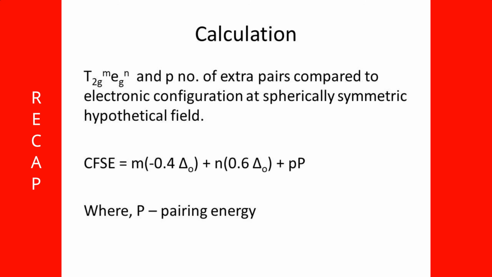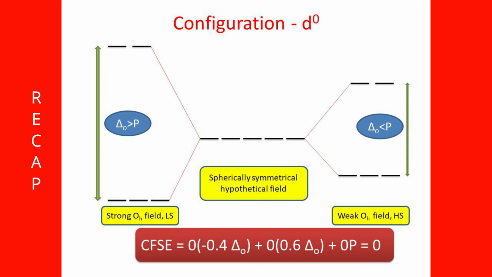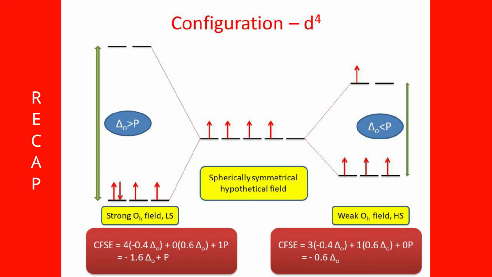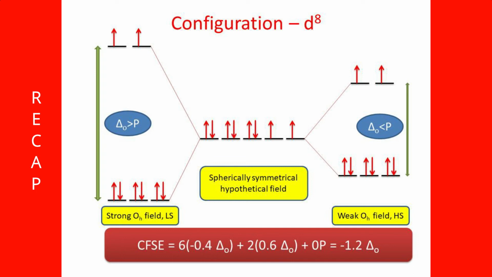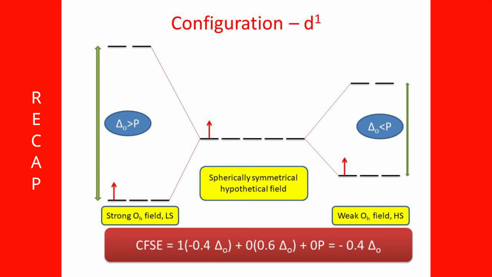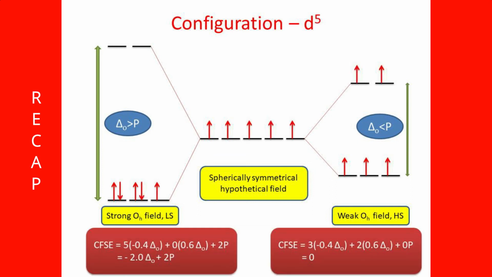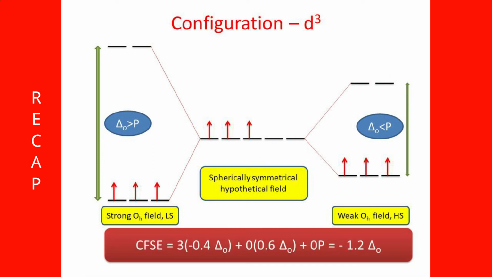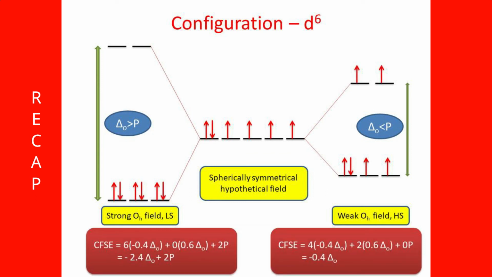For your kind perusal, the direct formula, the terms involved in the formula, the explanation, and various electronic configurations right from D0 to D10 are explained here, though maybe the sequence is different. The purpose of this recap is that during the presentation, the formula or electronic configuration may not be clearly readable to you, therefore only the screen of the presentation is provided here.